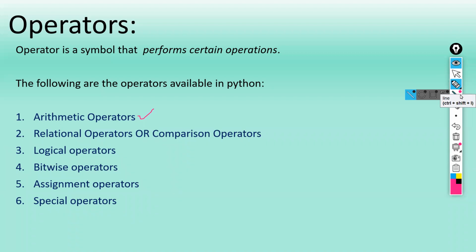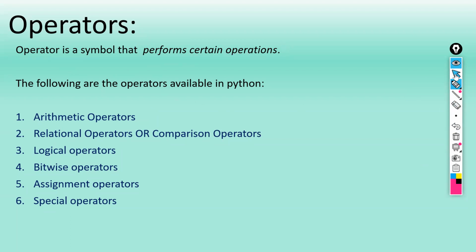Just a recap of the concepts we discussed in yesterday's class. We are on the concept of operators. Operators are used to perform certain operations, like mathematical, logical, bitwise, and assignment operations.